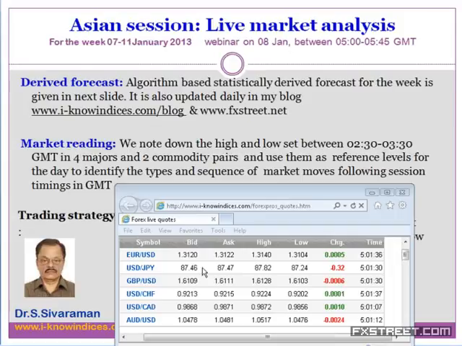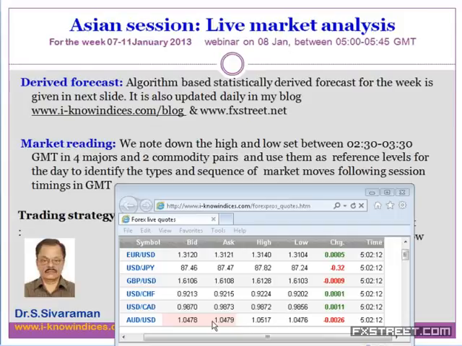GBP euro was trading around 1.30 level and has come up, and GBP was trading yesterday around 1.60 level and has come to 1.61. USD CHF was trading around 93 and has come to 92. Then Canadian dollar was trading around 99, and from there it has made a nominal drop and is now gaining. And Australian dollar was trading around the same level yesterday also.